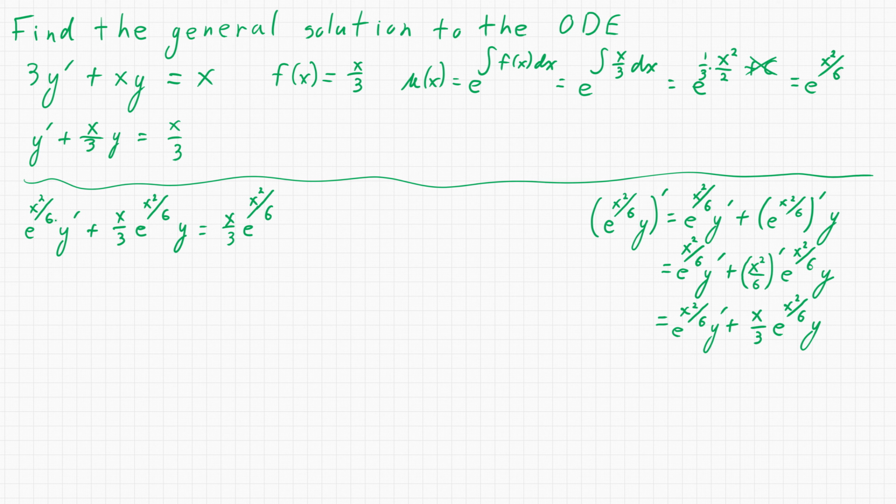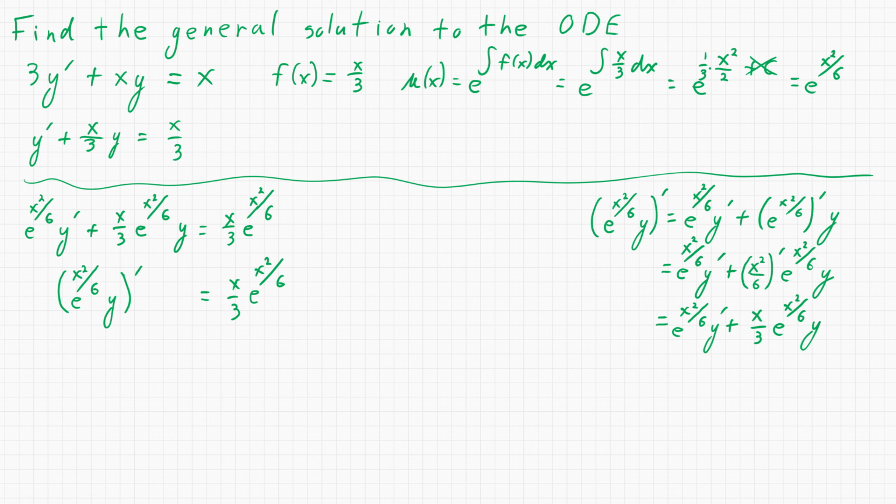Same thing. You don't have to do this every time, I don't recommend it actually, but here we can rewrite this left-hand side as the integrating factor, e to the x squared over 6 y, whole thing prime, is equal to x over 3 e to the x squared over 6.